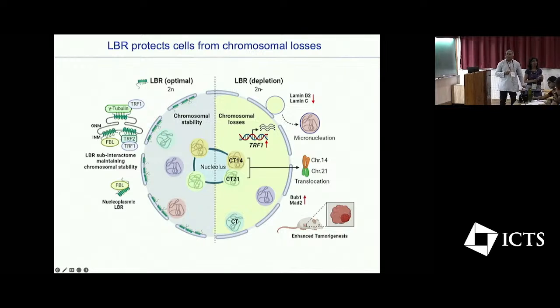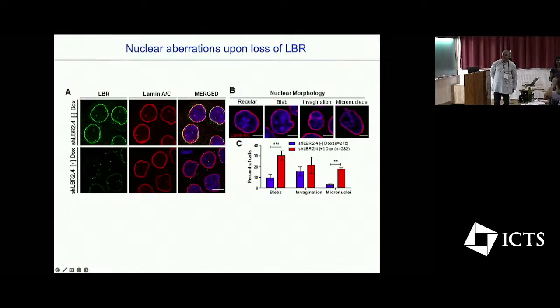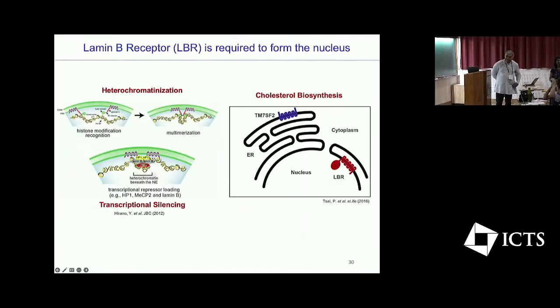Thank you very much for nice talks. So LBR means lamin B receptor. That's right. And did you see a difference between lamin B knockdown and LBR? Yes, we did. You do see differences. There are two other B-type lamins, B1 and B2, and there is also lamin B receptor.